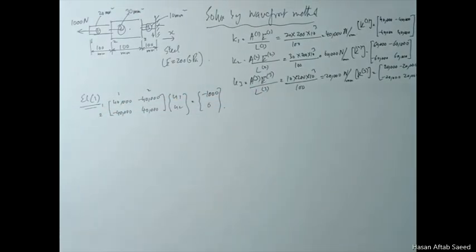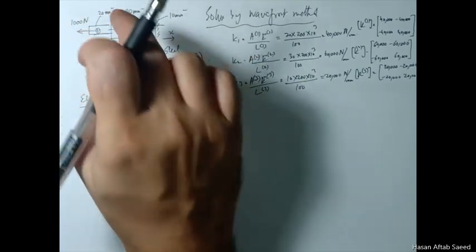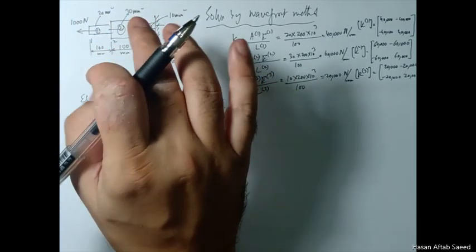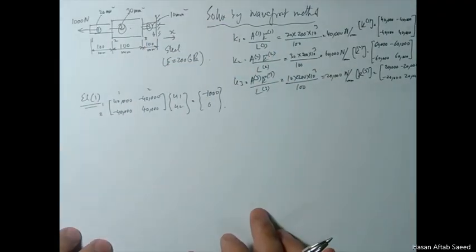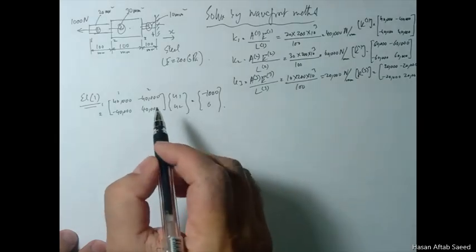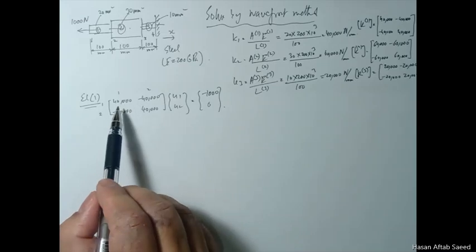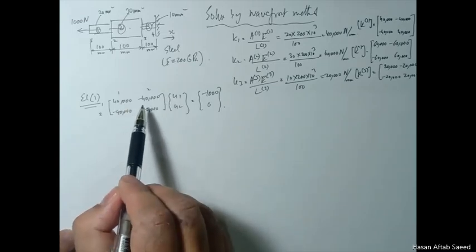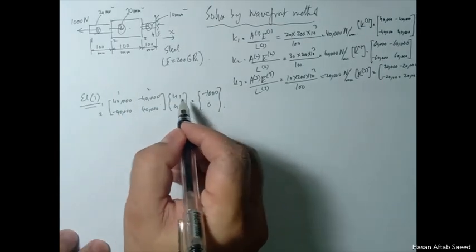Now this is the last occurrence of degree of freedom 1, that is U1. It's not going to be repeated again. In element 2 you have 2 and 3, so this is the last occurrence, so we can eliminate it now. But again, there is a problem here. It's all very well to write this equation as 40,000 U1 plus minus 40,000 U2 is equal to minus 1,000, and then we can write U1 in terms of U2.